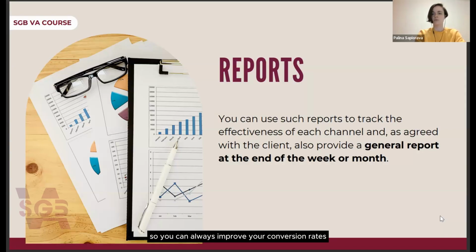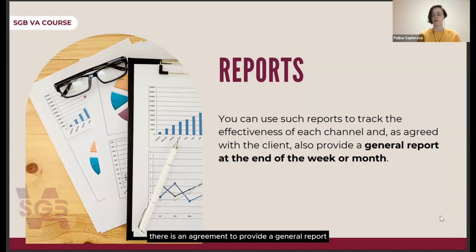So you can always improve your conversion rates, and this data from these metrics can help you to understand how successful you are. And of course, we shouldn't forget about the necessity to provide reports to your clients. And this data is what usually is used in different kinds of reports.